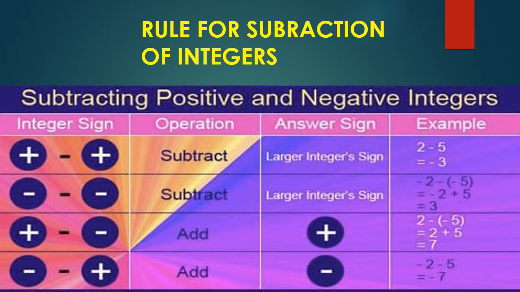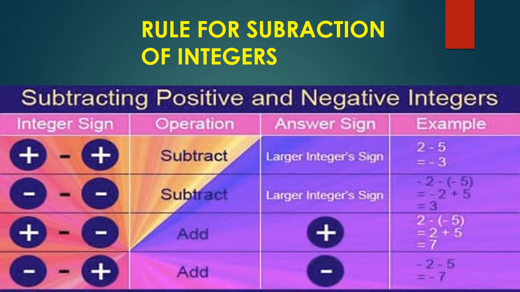Next, if both the integers are negative, again we have to do the subtraction. The answer that we will get will have the larger integer's sign. Minus 2 minus minus 5. Both the numbers are negative. Okay, so minus 5, and the sign outside the bracket is also minus.